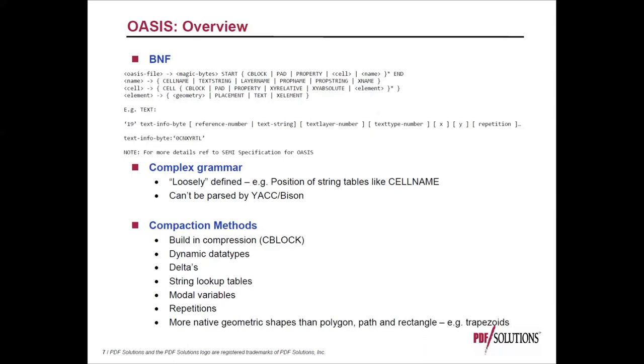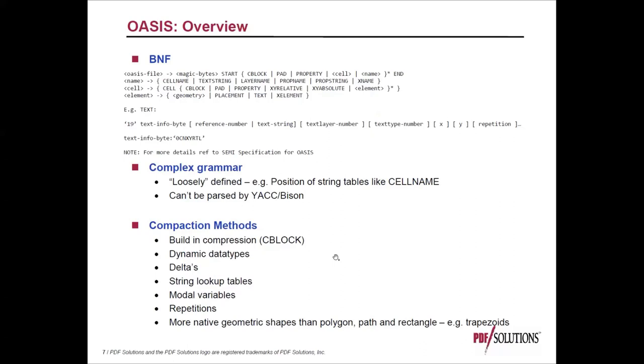If a bit is set, like if the X bit is set, then comes a definition of X. If it's not set, then take it from the previous record. So once you determine there's a text element to read, you have to interpret this text info byte. You take it apart, and you know what's coming after that. It essentially gives you the info on what to parse next.